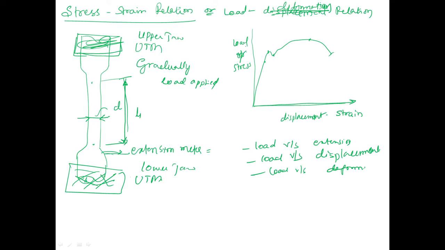I think deformation is not good here, because it is more convenient for plastic behavior. So, load versus extension or load versus displacement. Based on the values of these two, load and extension, a graph is plotted, and that graph is called the stress strain relationship graph.